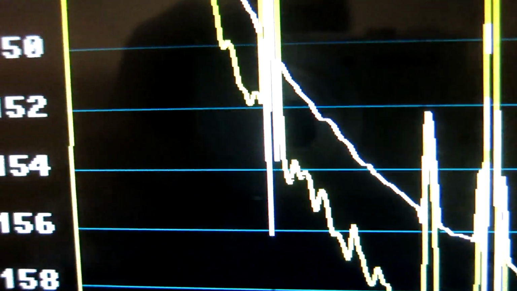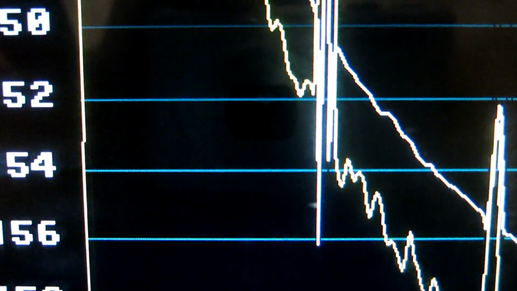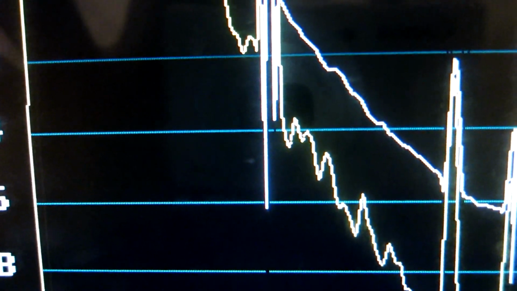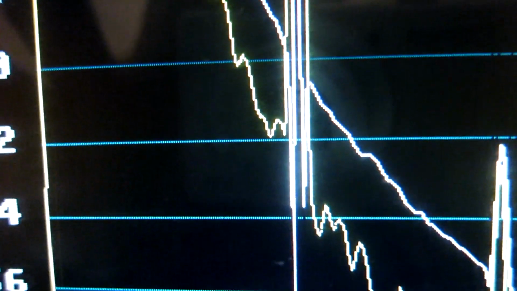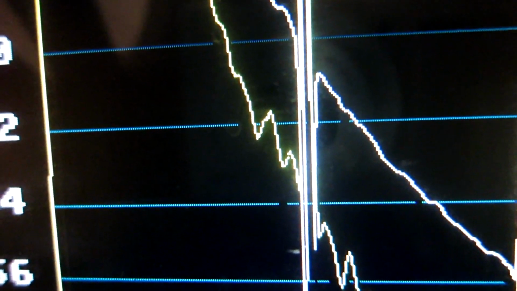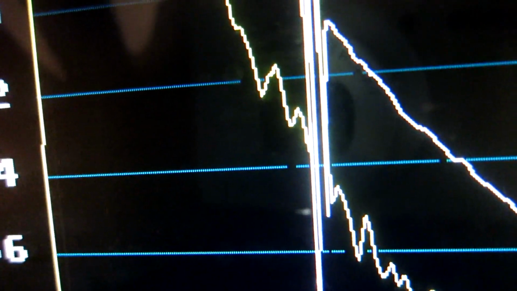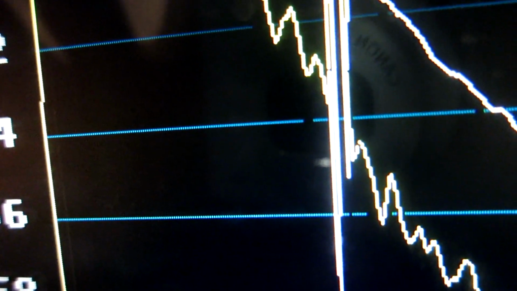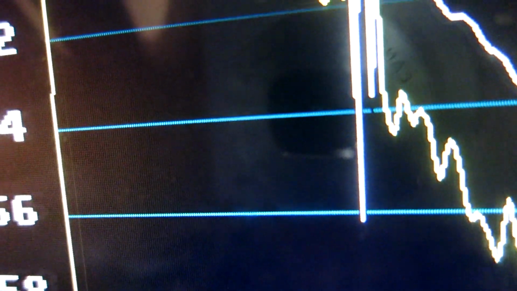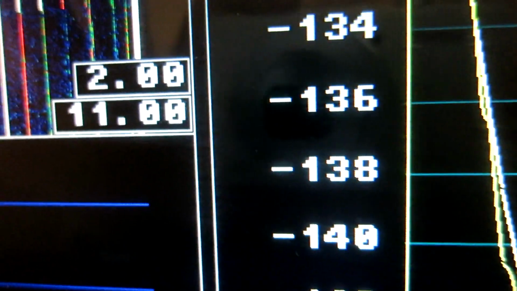If I go close like this, and then I go back to what I'm just currently collecting. So it's lower by maybe 1 dB. And the difference is bigger at very close frequencies.